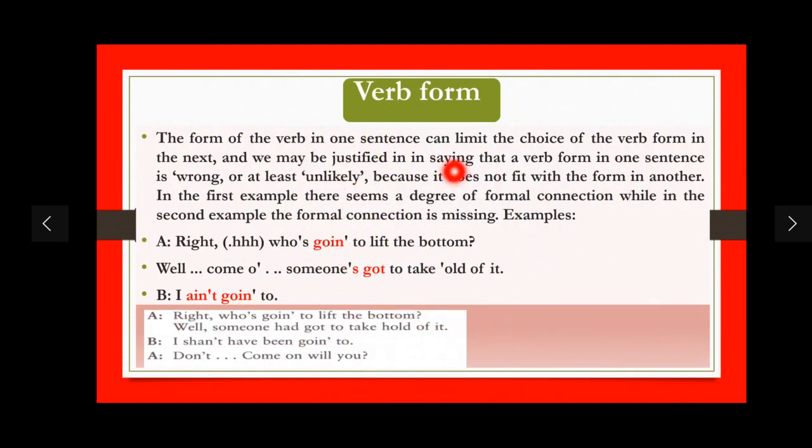First we will discuss verb form as a cohesive device. How is a verb used to connect clauses, sentences, and paragraphs? Let's discuss it. For example, you're writing a paragraph, and this paragraph consists of 10 sentences. If you write the first sentence in present tense, you must write the second sentence also in present tense.